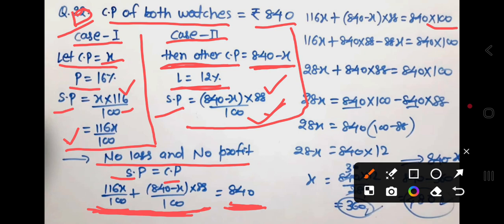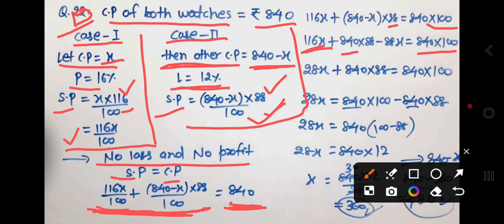Now see the calculation: 116x plus 840 into 88, because 88 will be multiplied in both, minus x into 88, 88x, is equal to, as it is, 840 into 100.